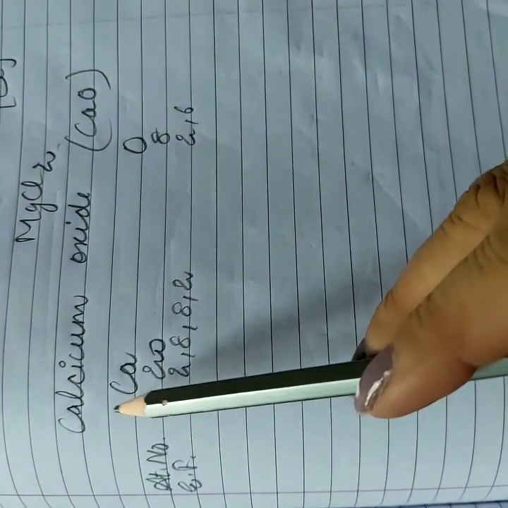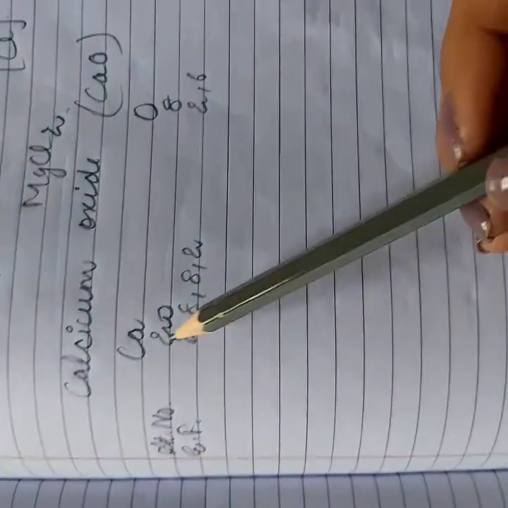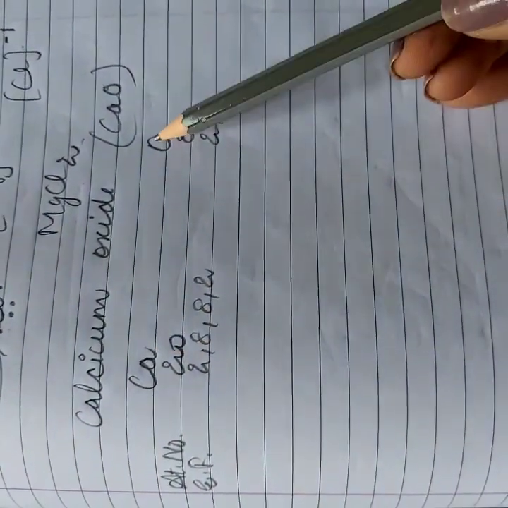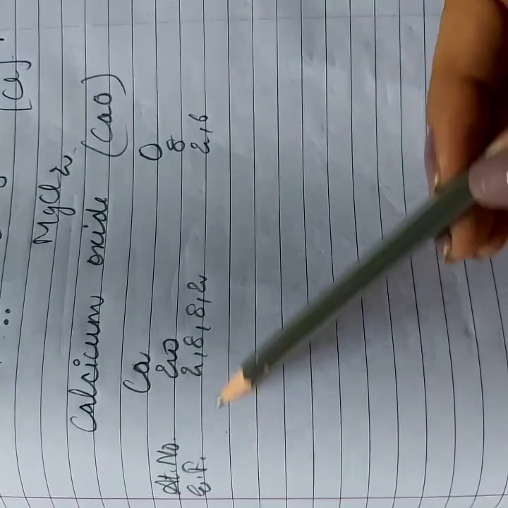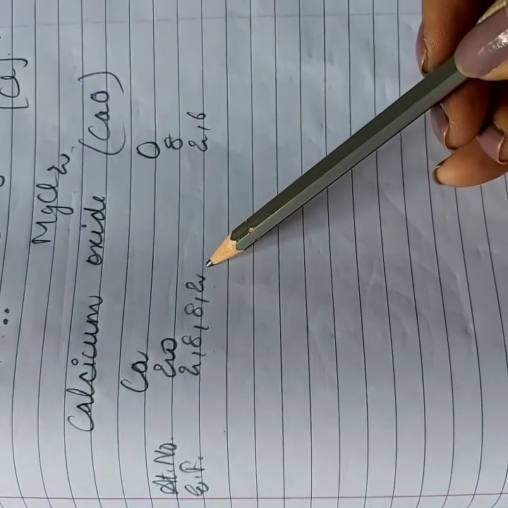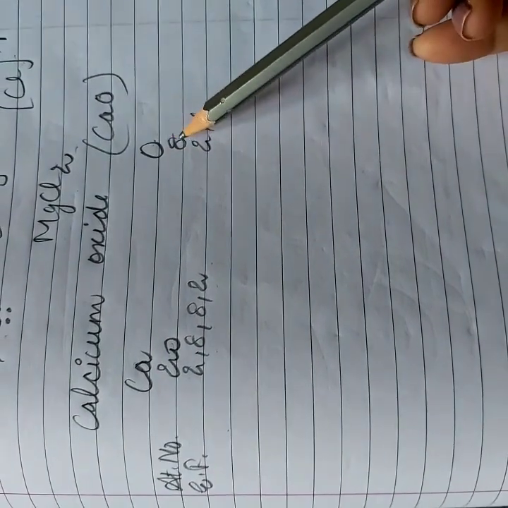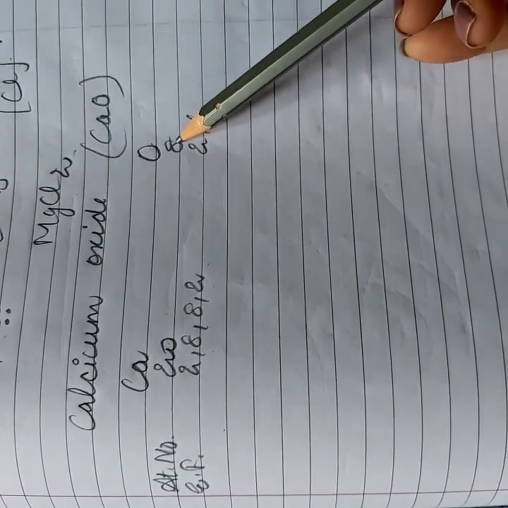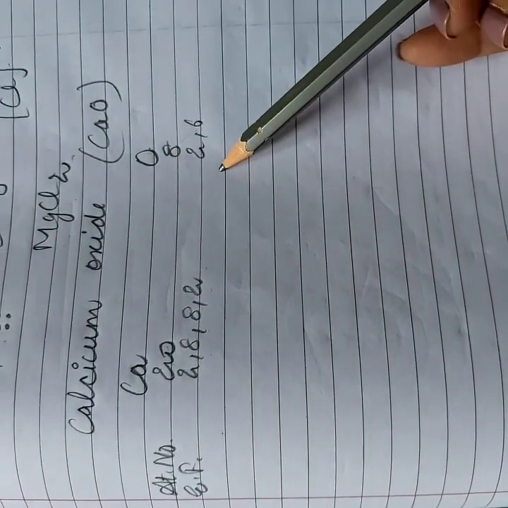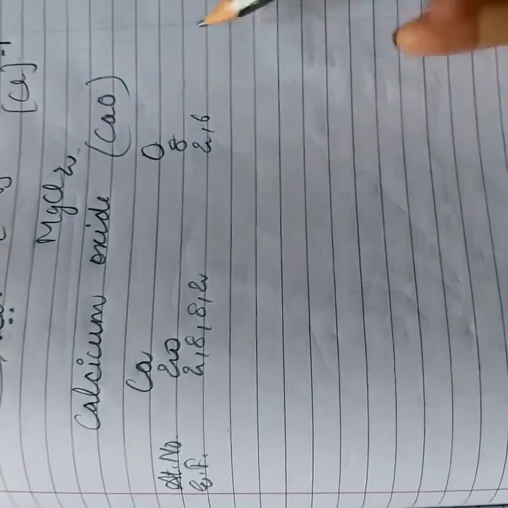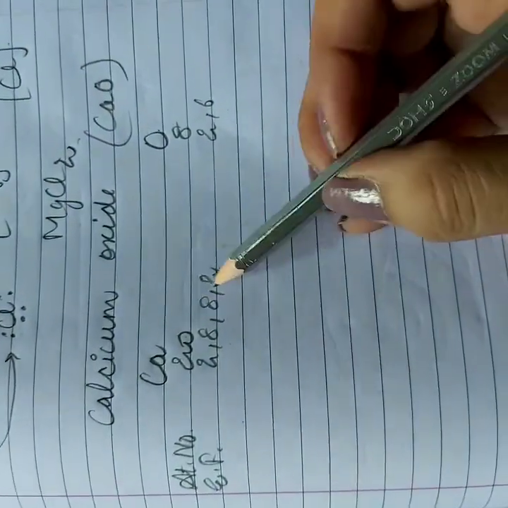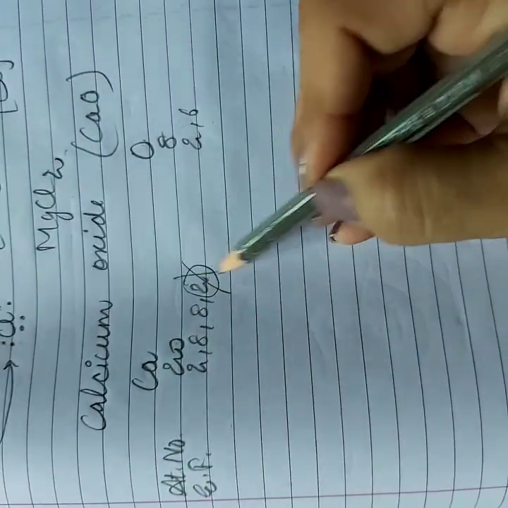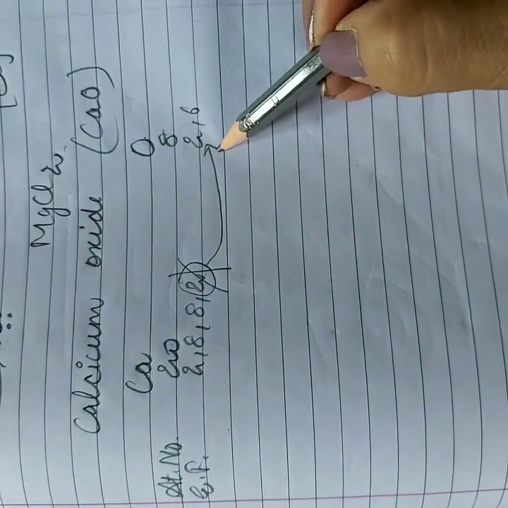Now the next structure is of calcium oxide. We will write here the symbols of calcium and oxygen. Atomic number of calcium is 20. Its electronic configuration will be 2, 8, 8, 2. And the electronic configuration of oxygen, having atomic number 8, will be 2 and 6. Now calcium will lose both electrons from its valence shell, and both electrons will be gained by oxygen.